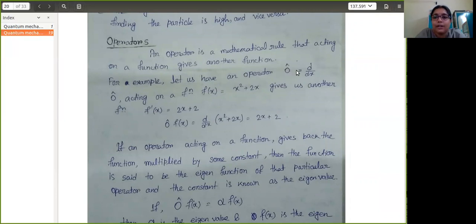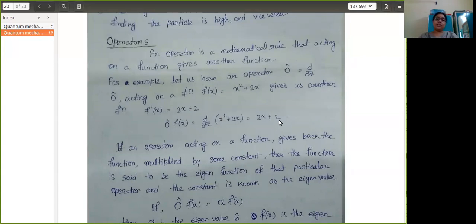Let us take O cap equals d dx, and O cap acts on a function f(x) given by x square plus 2x. So if O cap, which is d dx, acts on f(x), we get f prime x, which is 2x plus 2. So f prime x is another function. O cap acting on f(x) gives you another function, 2x plus 2.